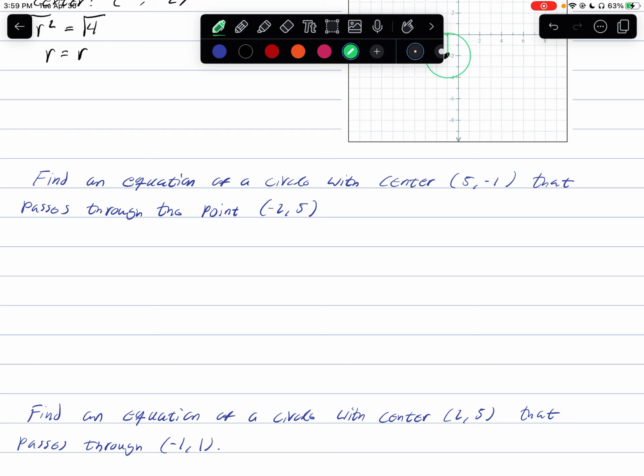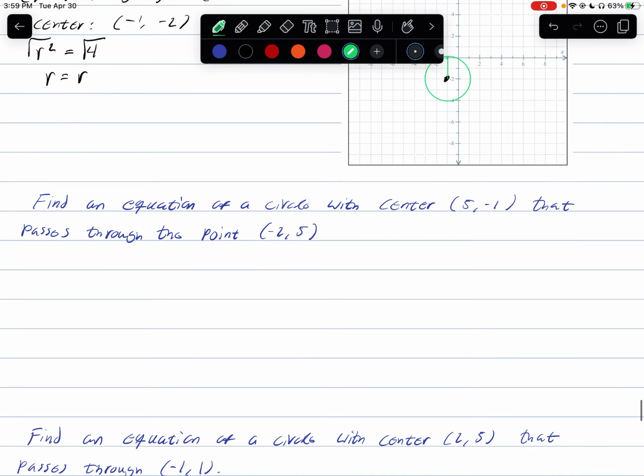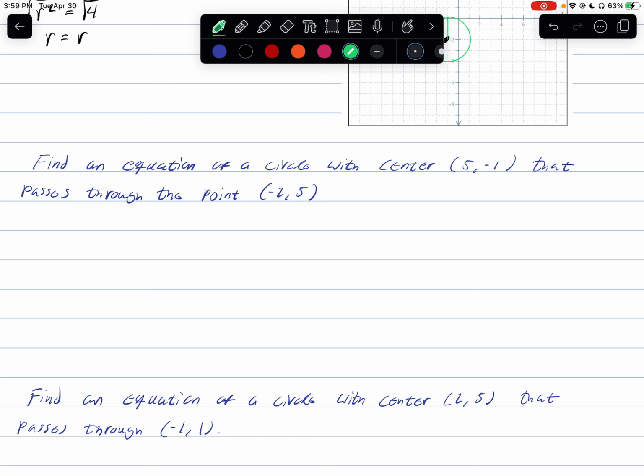I find it's usually easiest in a case like this to start with h and k. So here we have h is equal to 5, and k is equal to negative 1.